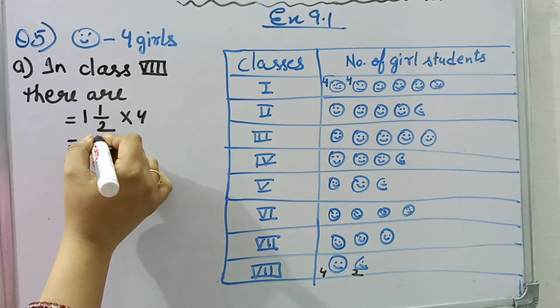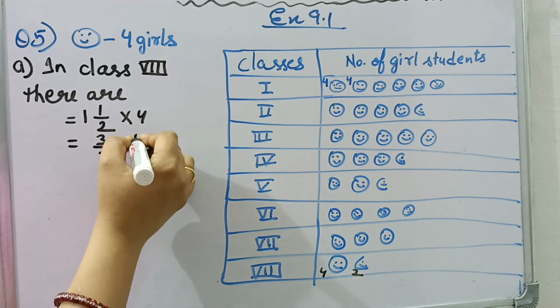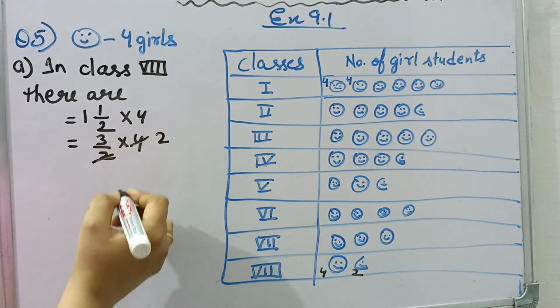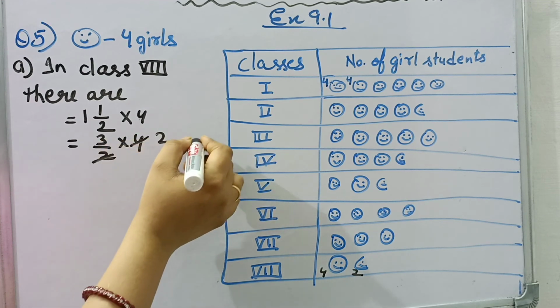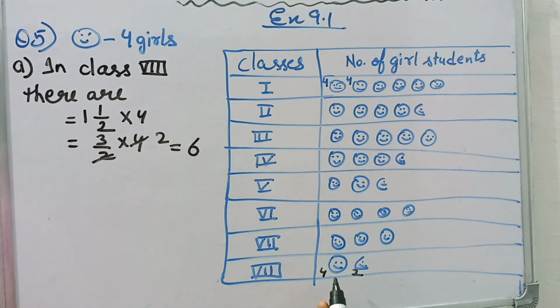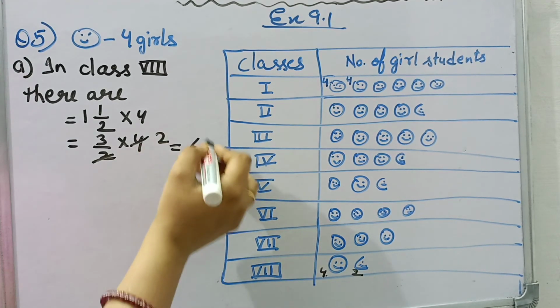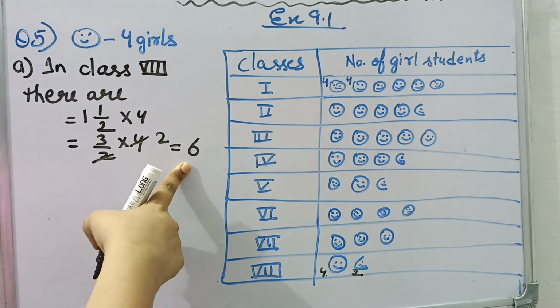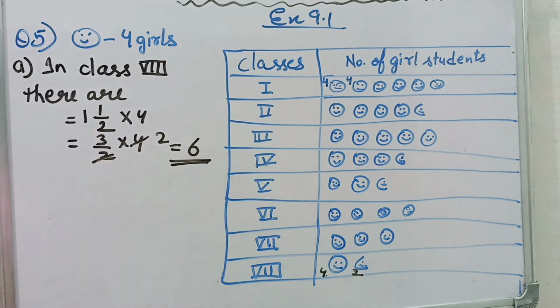It will become 3/2 into 4. Now you can cut this 4 with 2. It will become 2, and 3 multiplied by 2 is 6. And you can see this is for 4 girls and this is for 2 girls. So 4 plus 2 is 6. So that means our answer is correct. So in class 8 there is the minimum number of girl students, and that is 6.